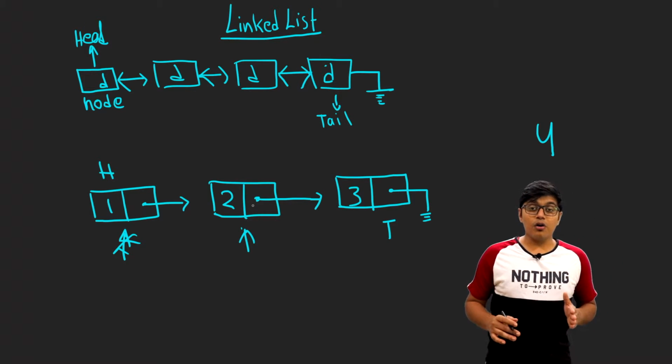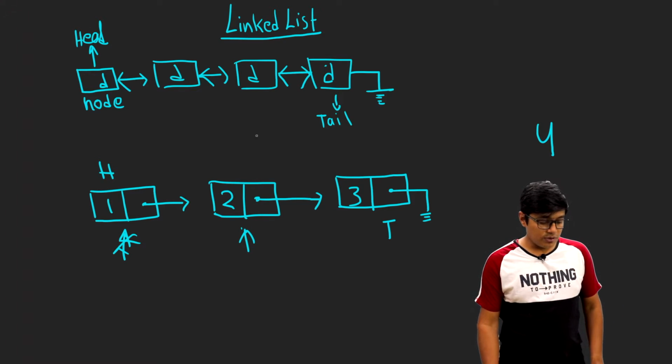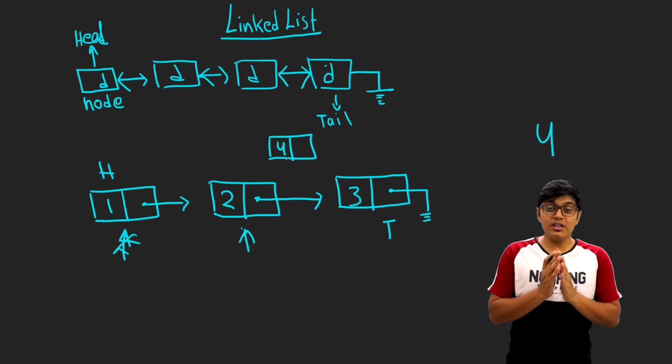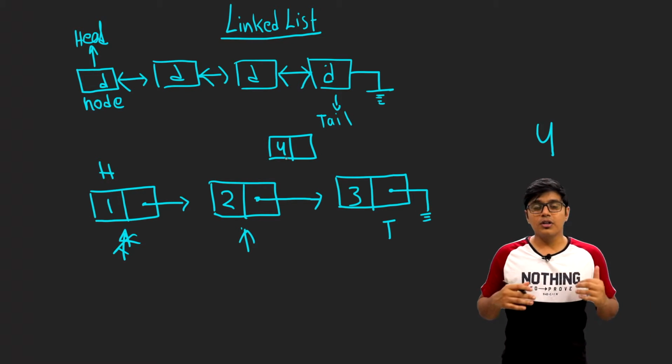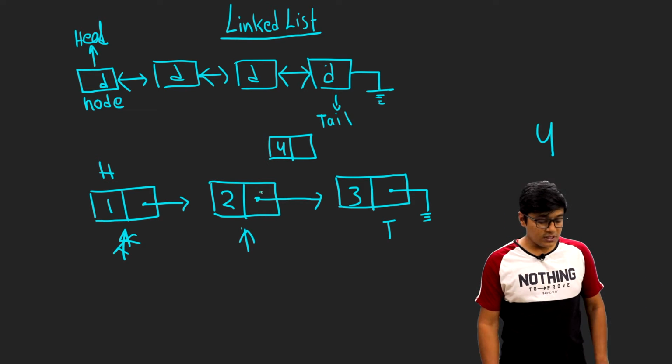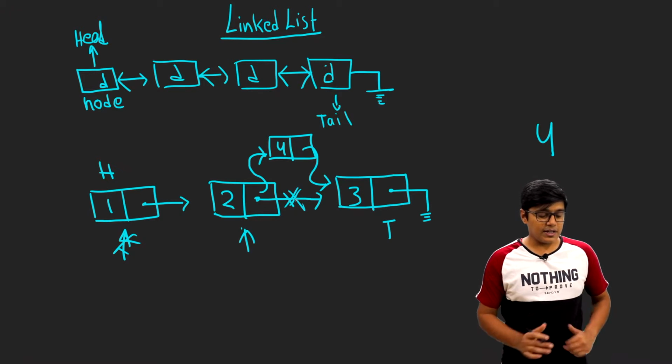So now we'll create a new node. So I'll just create a new node here for a better visual representation and give the value 4. Now you can easily tell what to do from the previous example. So this next value to 4, and we just change this value to here, and we just need to break the connection here.